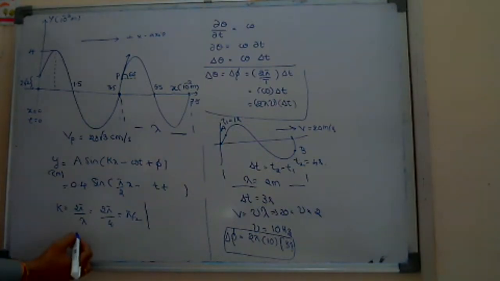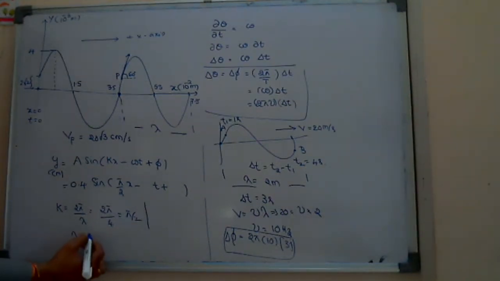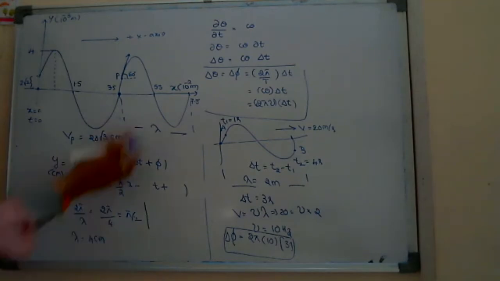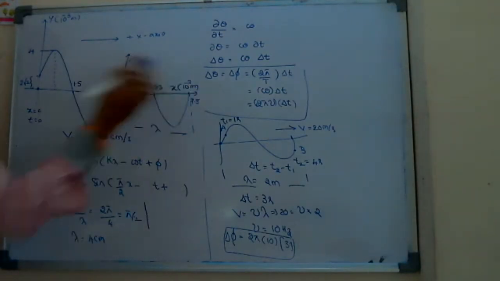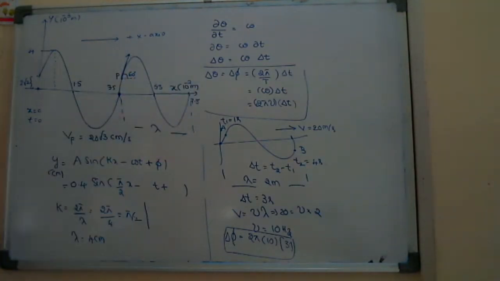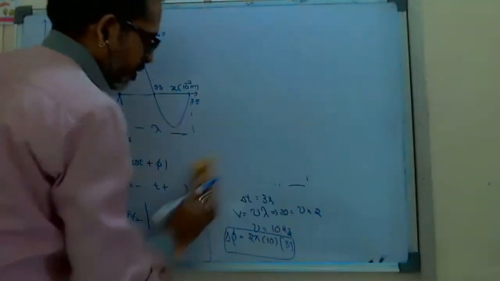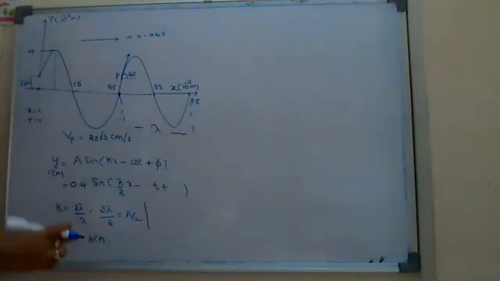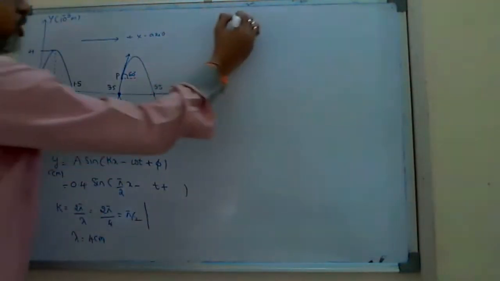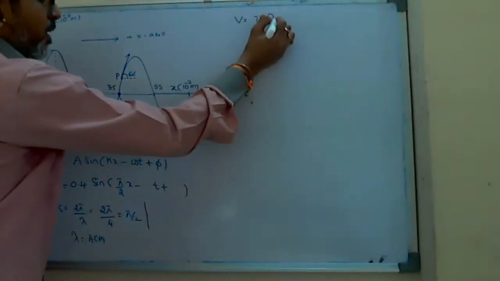Omega we don't know. Why? Because lambda we got from this equation as 4 centimeters, which is also in centimeters. If you are able to find the velocity of the wave, then you can find the frequency according to the relation v equals mu lambda.